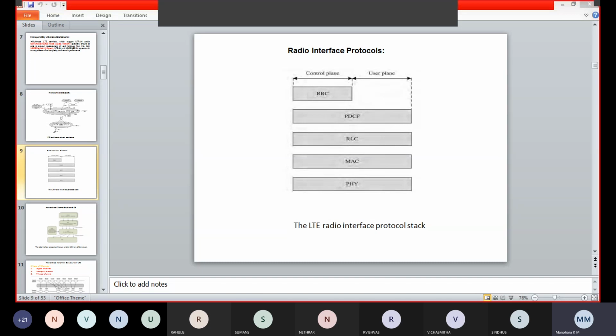So the UM mode allows the detection of packet loss and provides packet reordering and reassembling, but does not require the retransmission of the missing protocol data units.